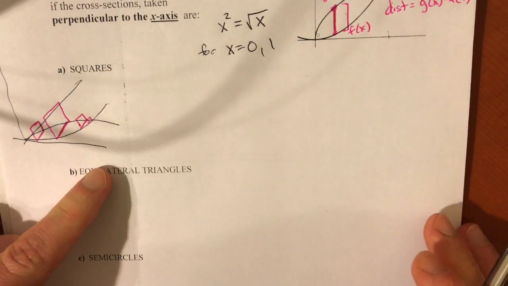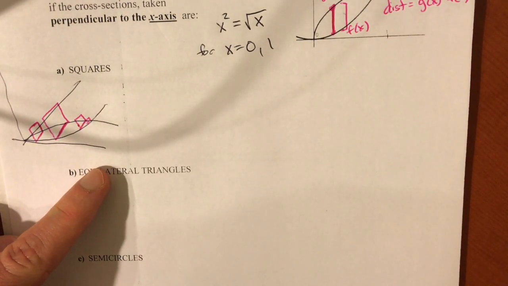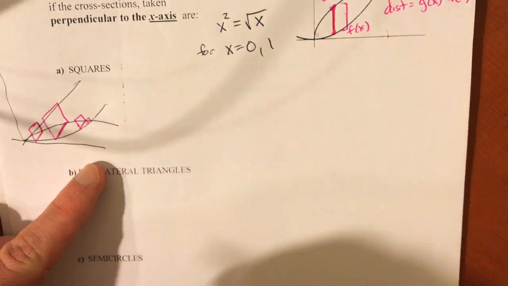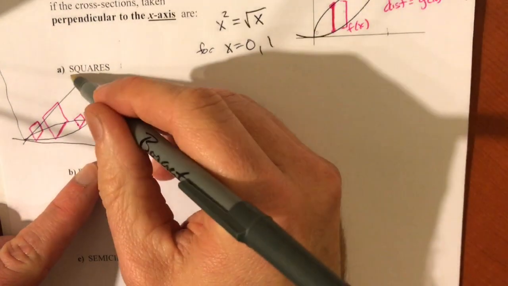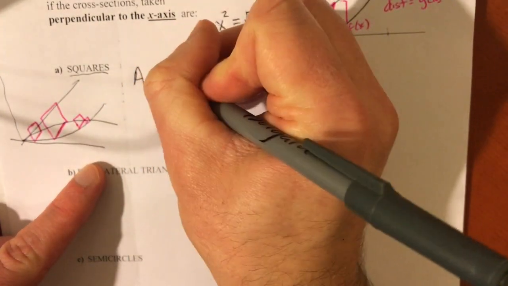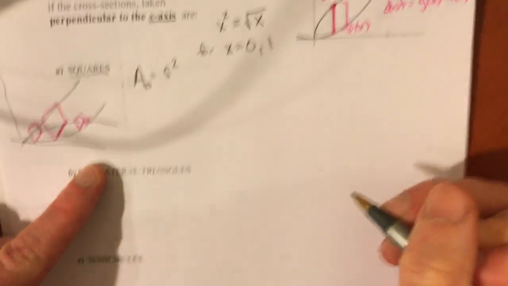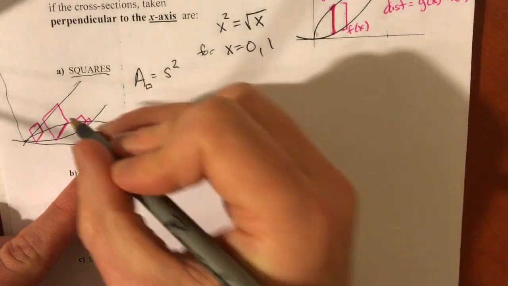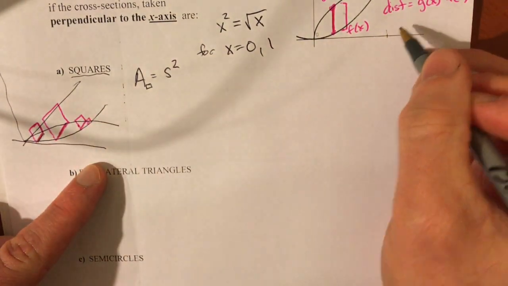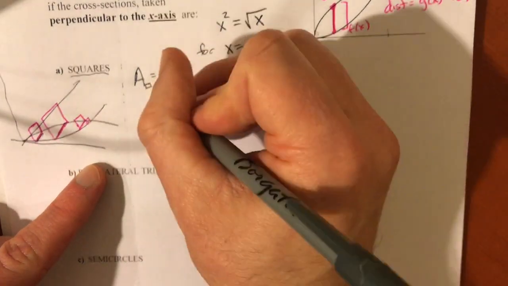But here's the idea for all of this, is that try to describe the area of that particular cross-section. Now, every square, the area of a square is side squared. And what is the side of each one of these squares, no matter where I'm at? It's that key distance, the g of x minus f of x.